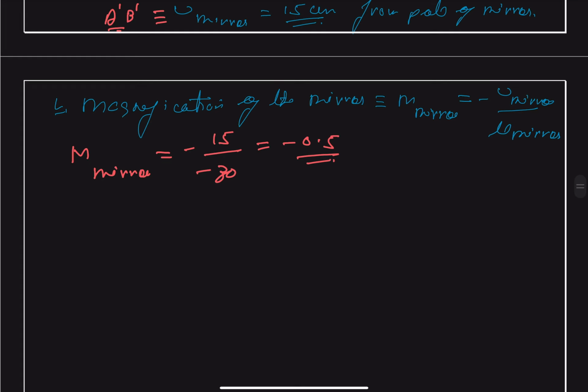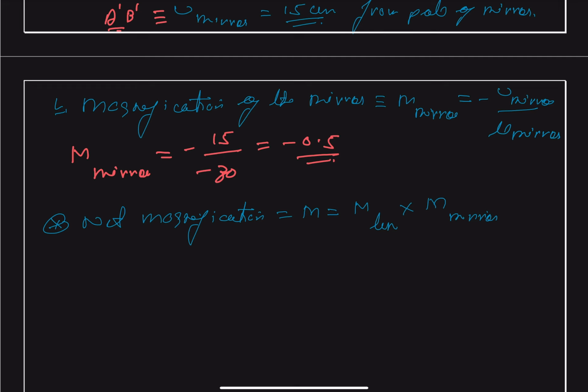Now we can find out the net magnification. Let us suppose that is given as M, which will be equal to the magnification because of the lens multiplied by the magnification because of the mirror.